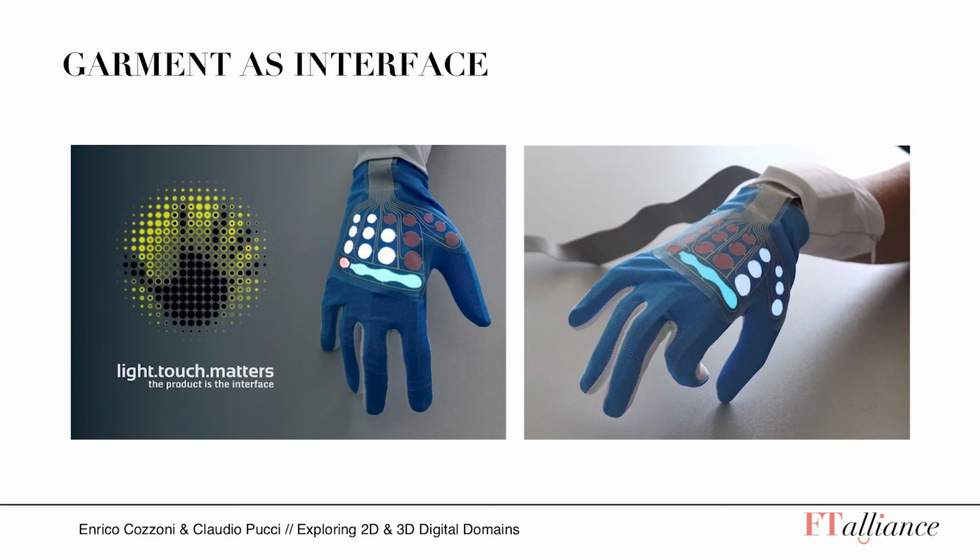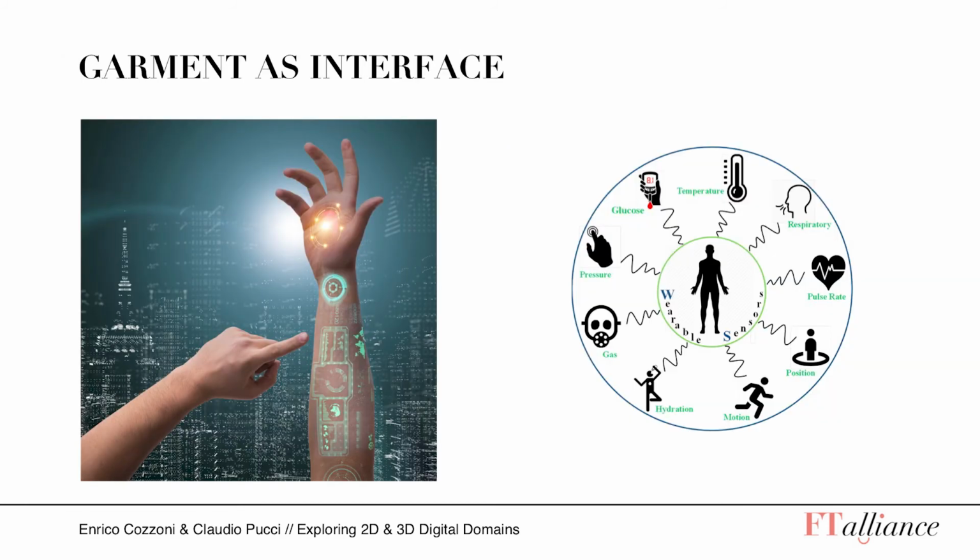This is an example of the product as interface that we designed and prototyped. So garment as interface means a lot of things. It can be sensorized, like in the prototype above, that is using piezoelectric sensors.